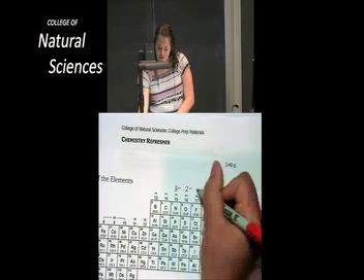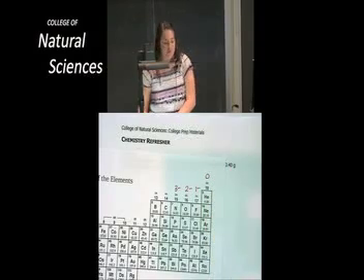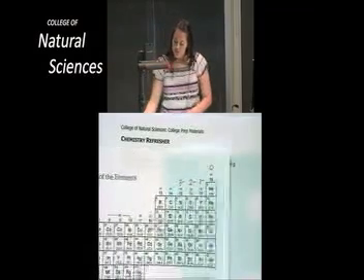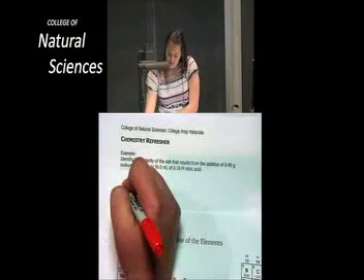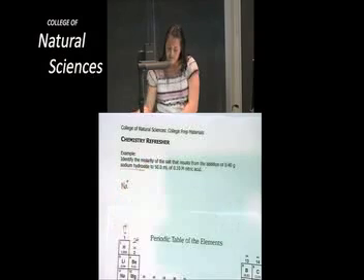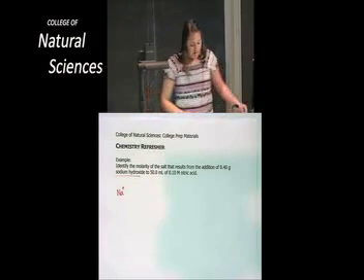The halides are 1-, and the noble gases are 0 in their state. So we know that sodium, we're going to start off with sodium plus, at least in this reagent.